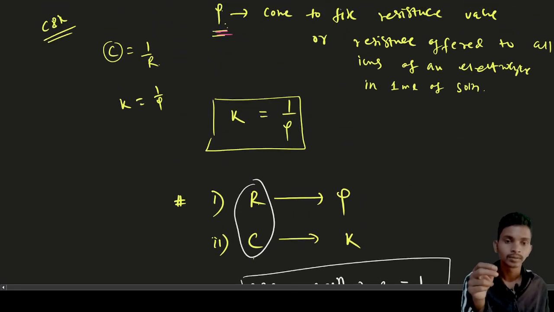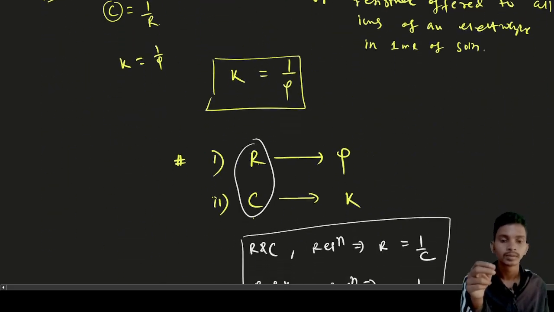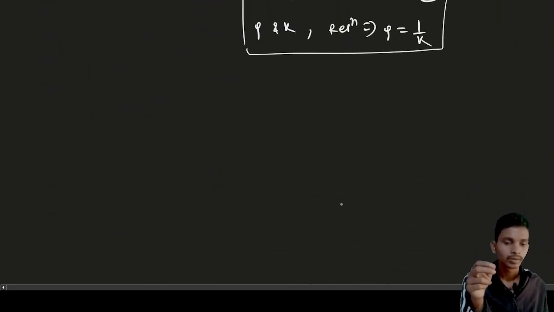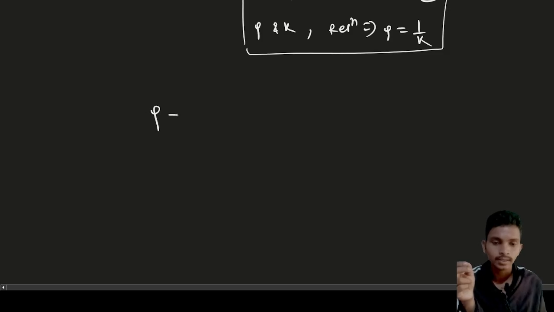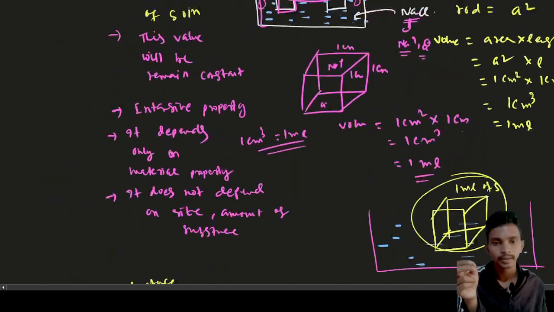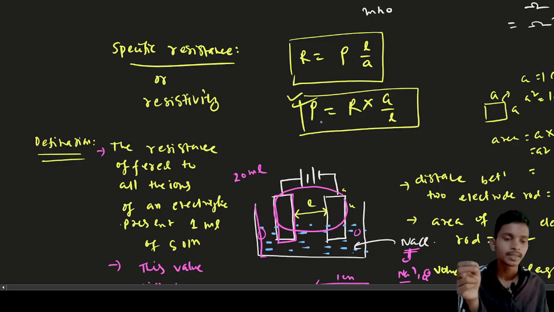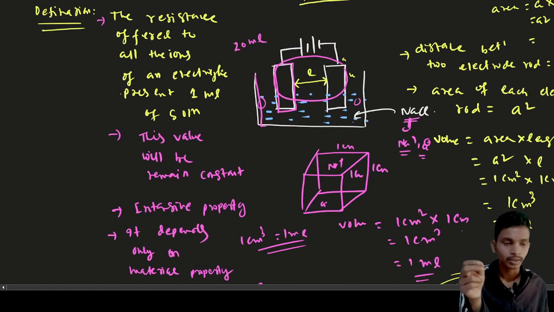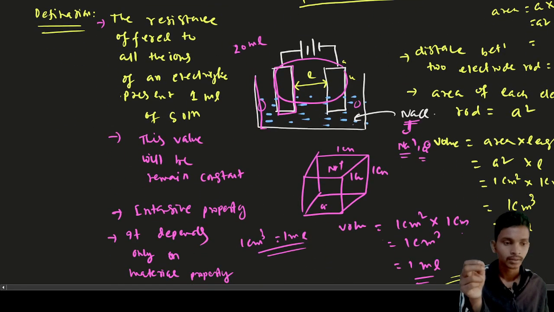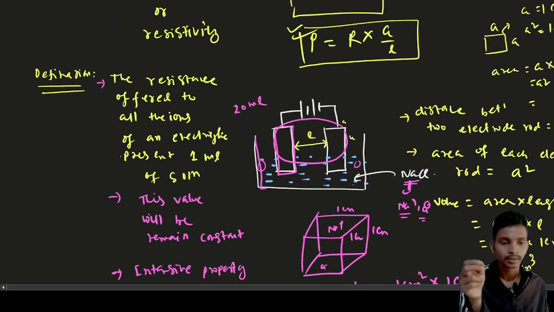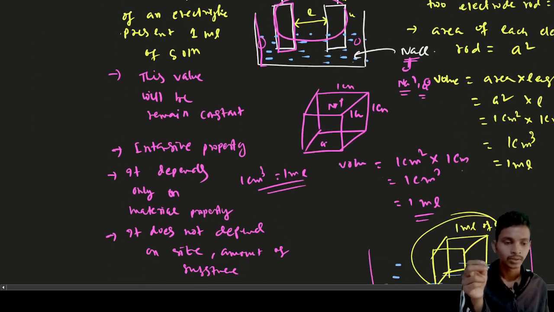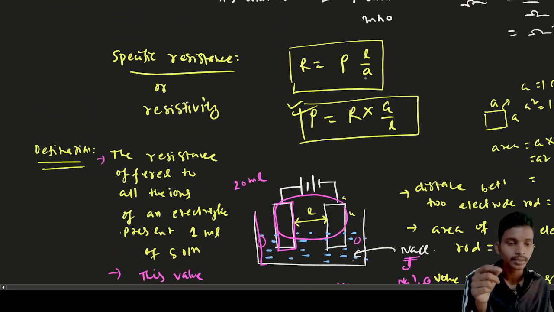So we already derived that specific resistance is R into A by L. And one more thing, sorry, actually I left one thing.